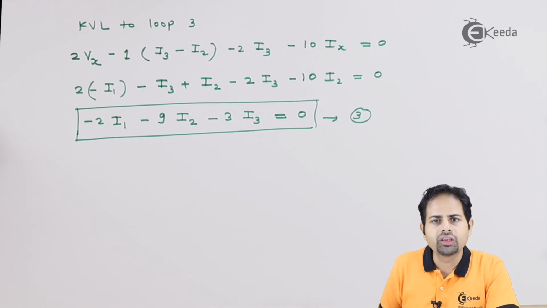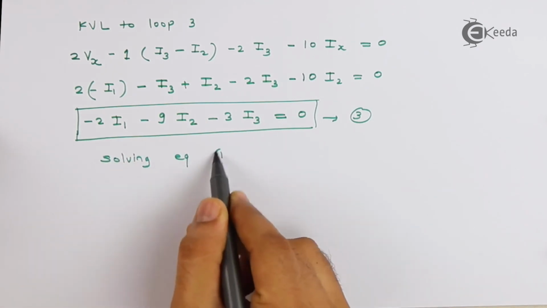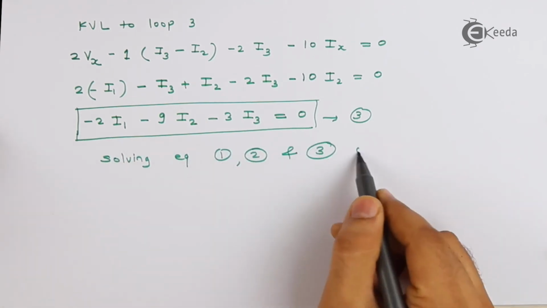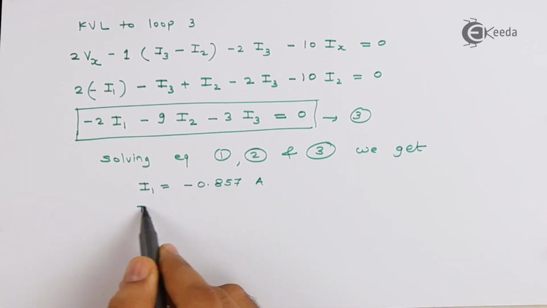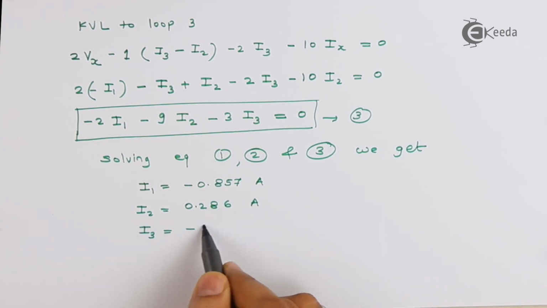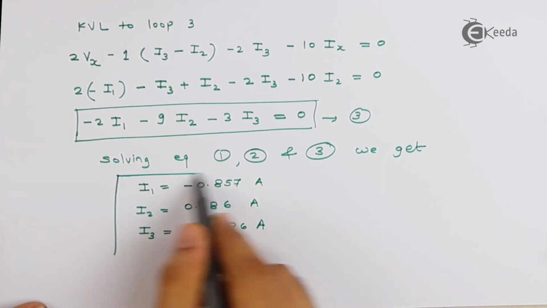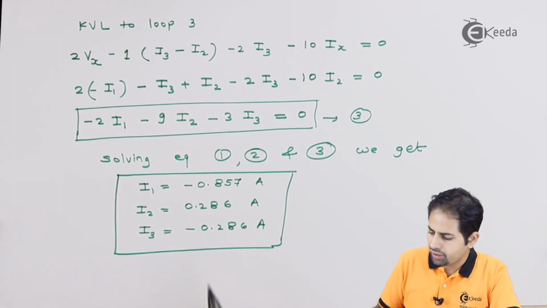So now we will solve these three equations simultaneously to get values of I1, I2 and I3. So these are the values that we have got, I1, I2, I3.